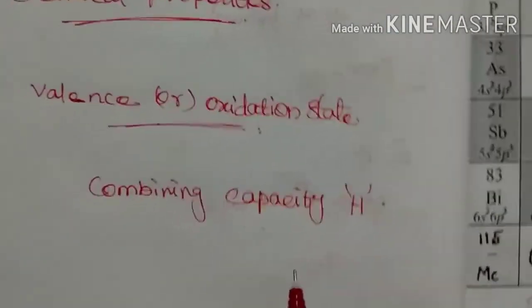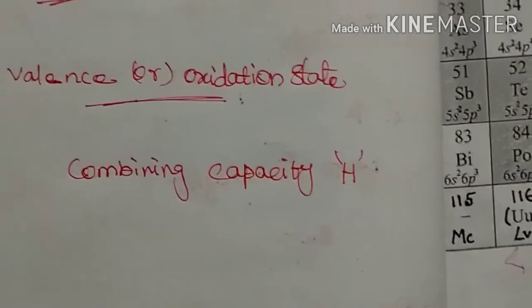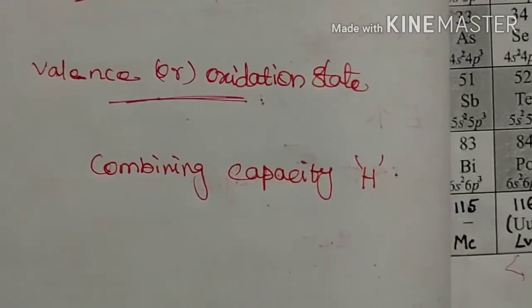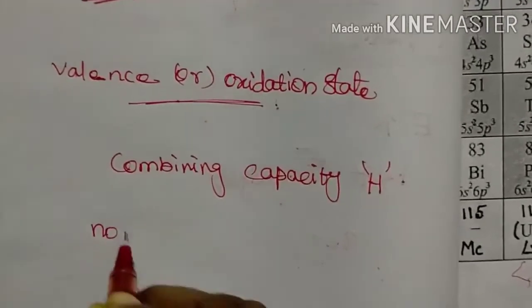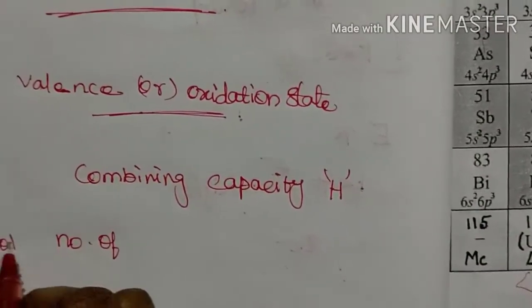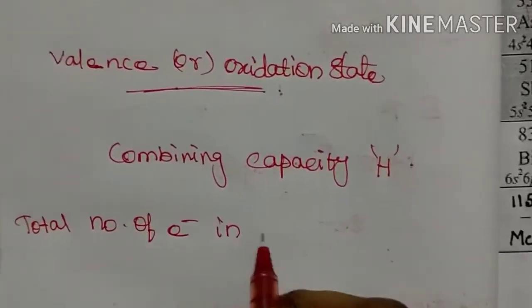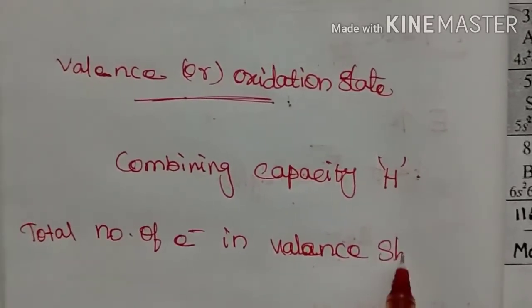This is valency, and generally it is equal to the total number of electrons present in the valence shell.